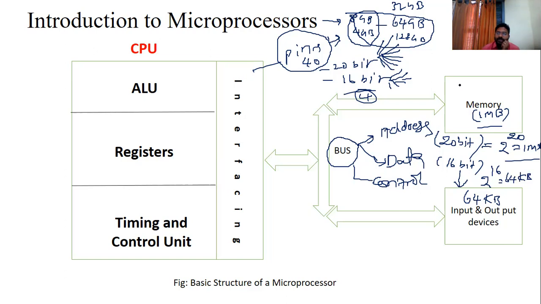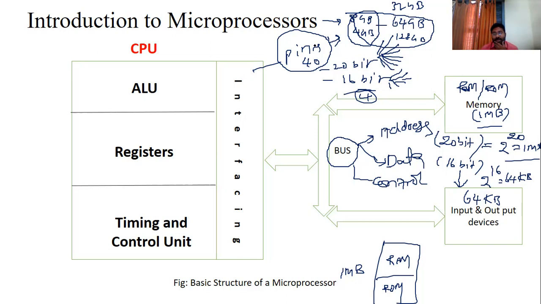The RAM and ROM combined memory is 1 MB only. How is this 1 MB divided? One part is occupied by the RAM and another part by the ROM, a 50-50 share. 2 power 20 is 1 MB, and 2 power 16 is 64K.